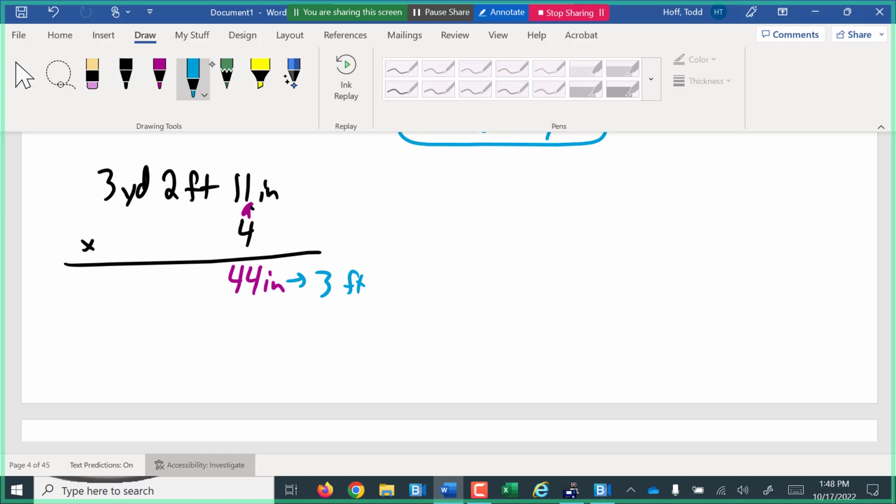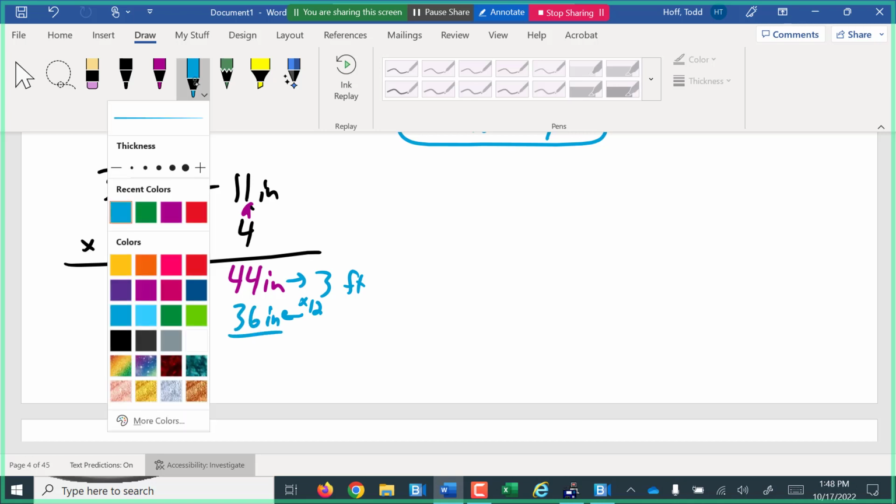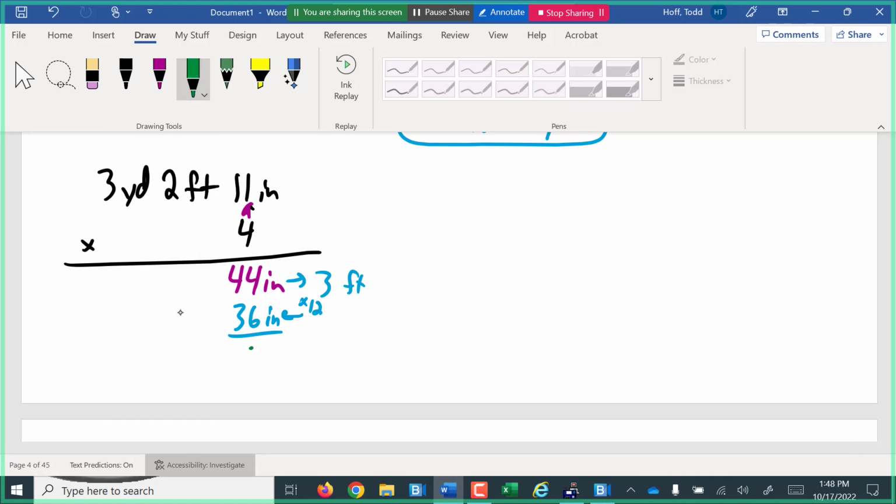So 3.6. That means it's 3 feet. What's 3 times 12? 36. So we subtract. How many inches are left there? 44 minus 36 is 8 inches. We keep the 8 inches and we carry our 3 feet.